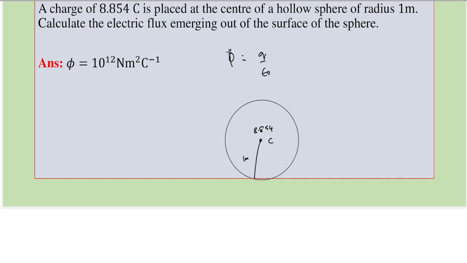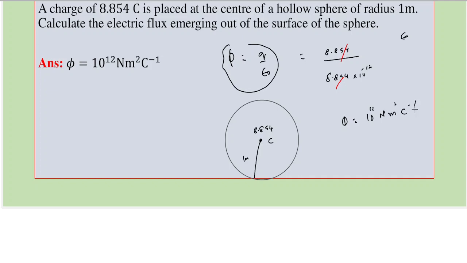Now we know flux is given by this formula, and Q is given as 8.854, and epsilon naught also is a constant value, given as 8.854 into 10 power minus 12. Now this gets cancelled. So what we get is flux is equal to just 10 power 12 Newton meter square per coulomb.